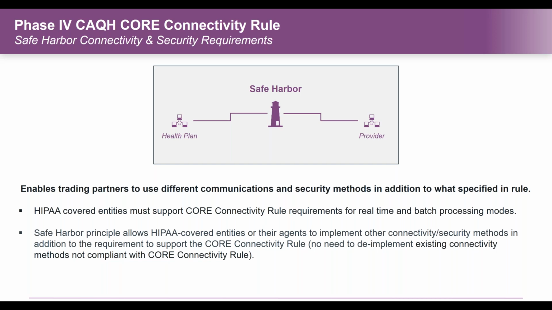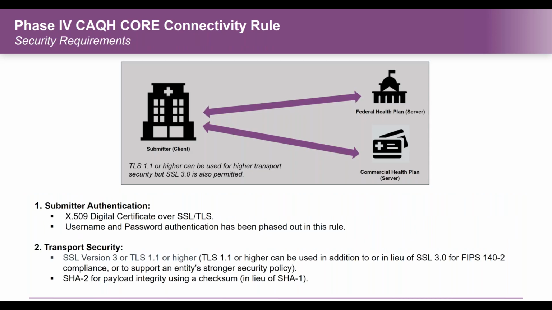There could be many other ways of conducting those transactions, like FTP or SFTP, and those can still be in place. They do not have to be unplugged. Those can be maintained ad infinitum. This requirement around safe harbor just ensures that there's at least one way that the provider, the health plan, and the clearinghouse can conduct the transactions uniformly.